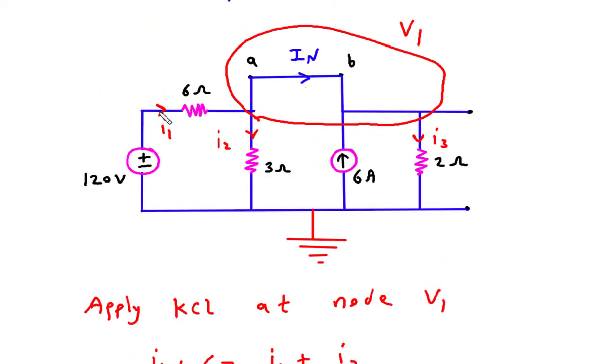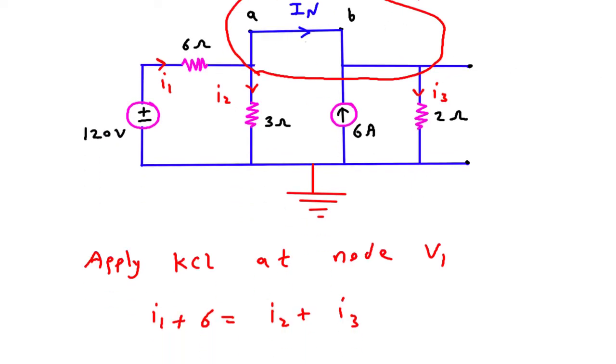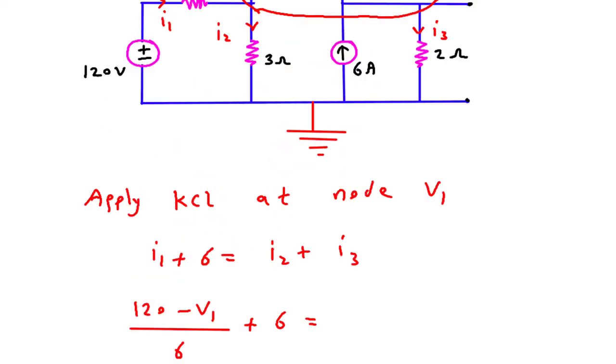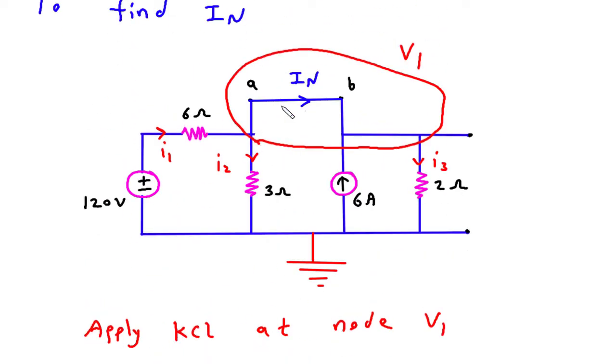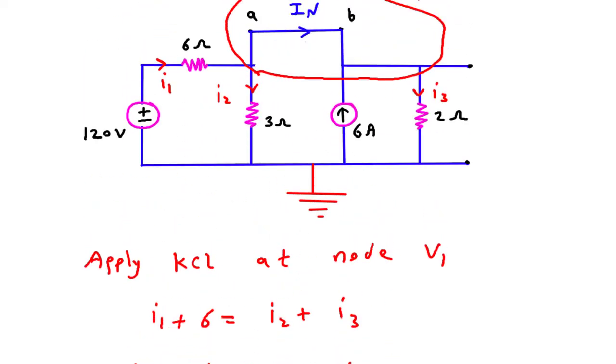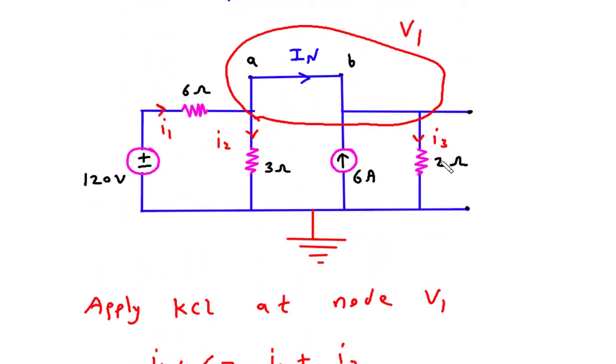Now I1 is equal to 120 minus V1 by 6. So 120 minus V1 by 6 plus 6 is equal to I2, and I2 is V1 minus 0 by 3, plus I3. I3 is V1 minus 0 by 2.